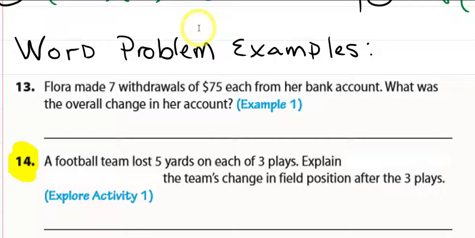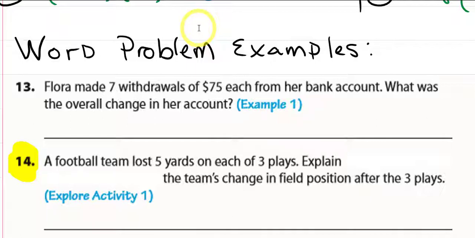When you're doing these word problems, you're going to look for words that indicate whether a number is positive or negative. When you set up the problem, make sure you're putting the negative with the correct word. When we do these examples on our program called My HRW, you are going to need to indicate which of the numbers is the positive or the negative.